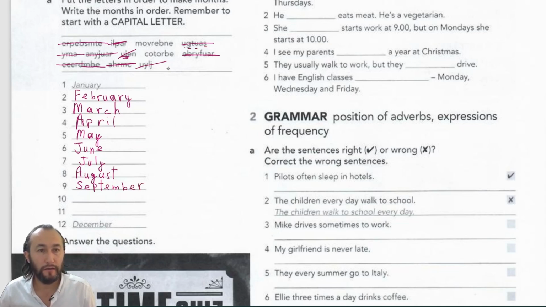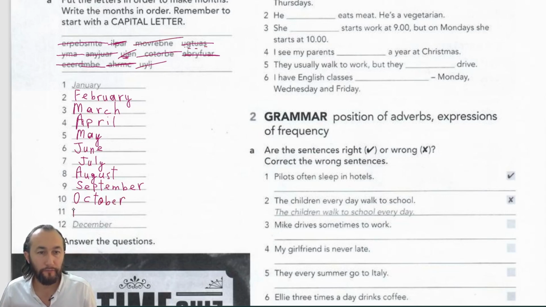The 10th month is October. So October is this, O, capital, C, T, O, B, E, R. That's it. After October, we're gonna use November.